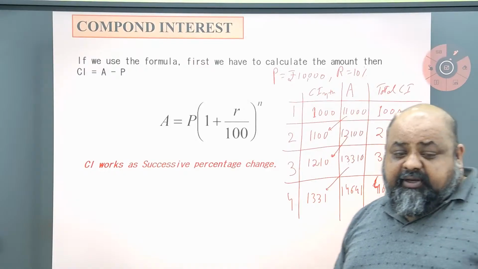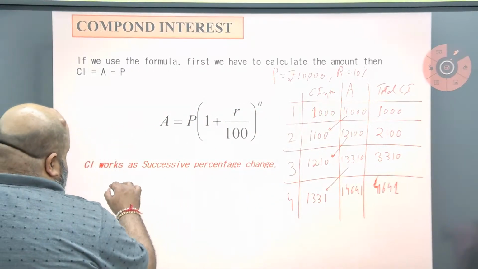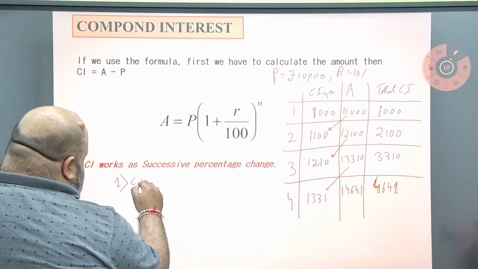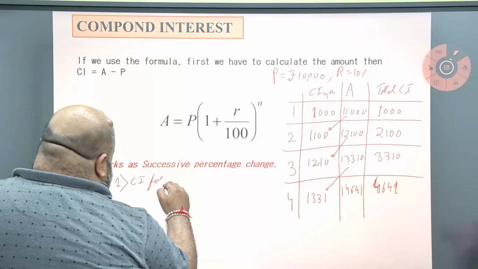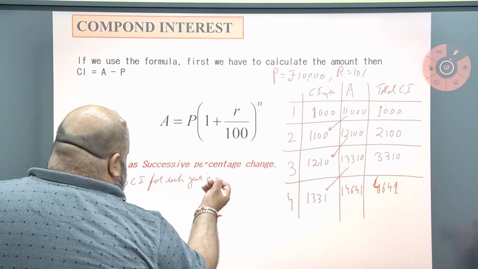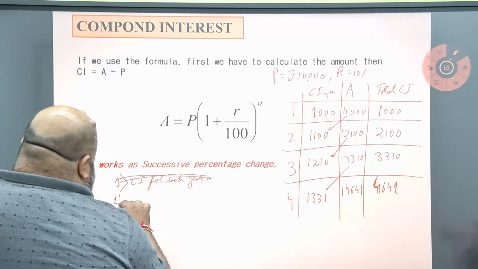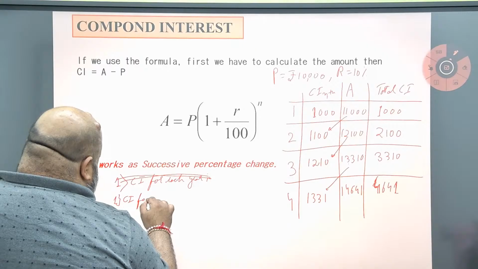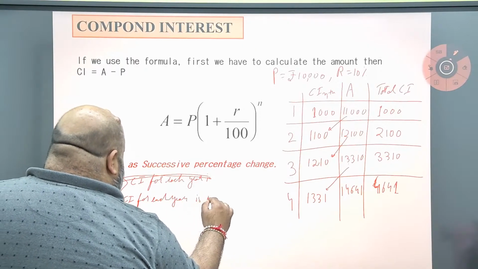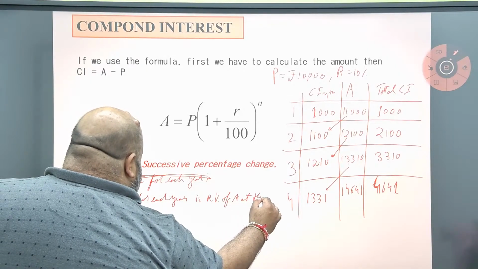So I get 3 points with respect to compound interest. Number 1, compound interest for each year is R% of A at the end of previous year.